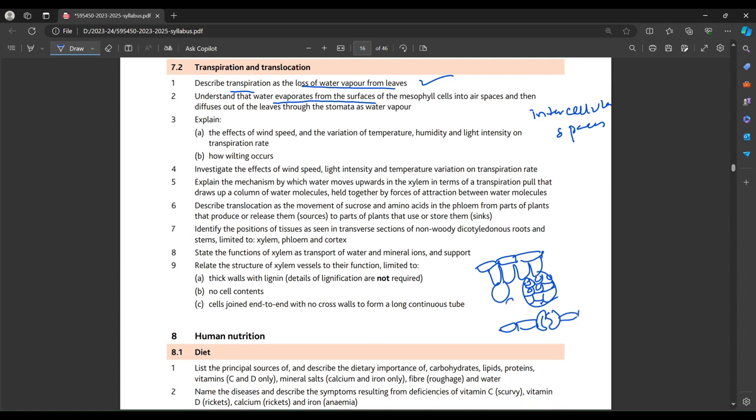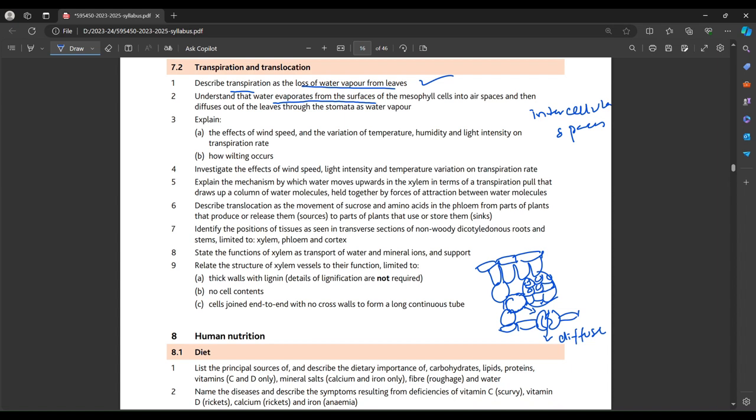Now mesophyll cells lose water continuously and form a thin film of water on their surface. Always remember, the water evaporates from this thin film into the intercellular spaces, and from the intercellular spaces water diffuses outside through the stomata.